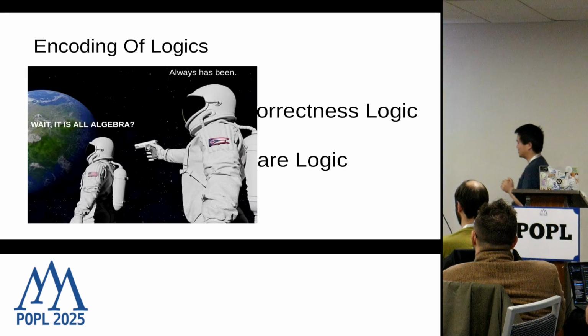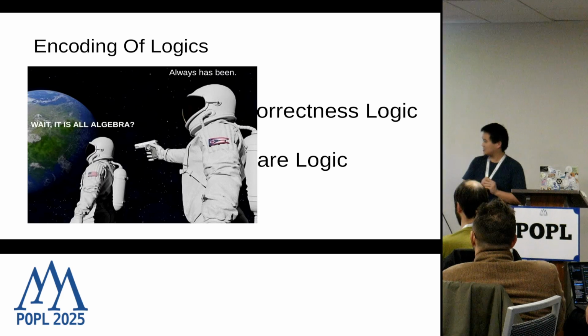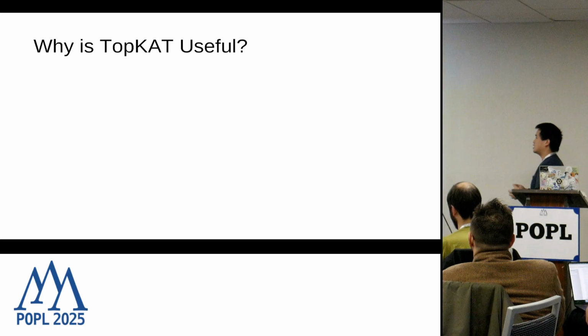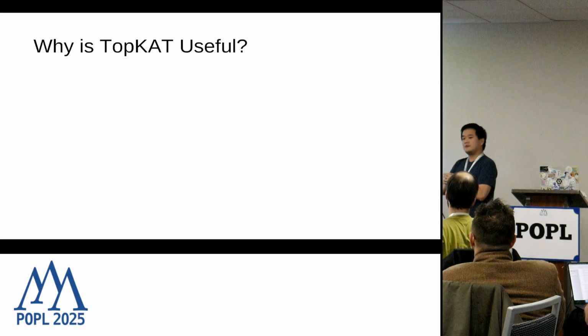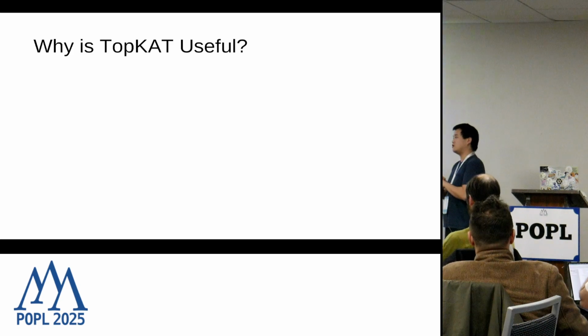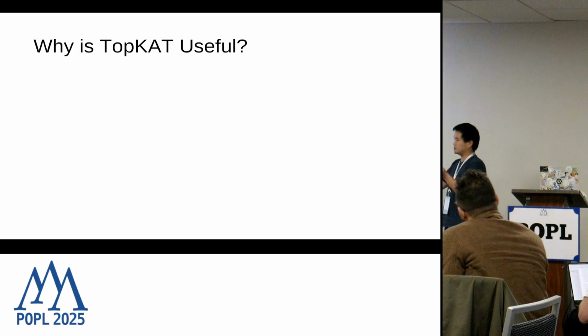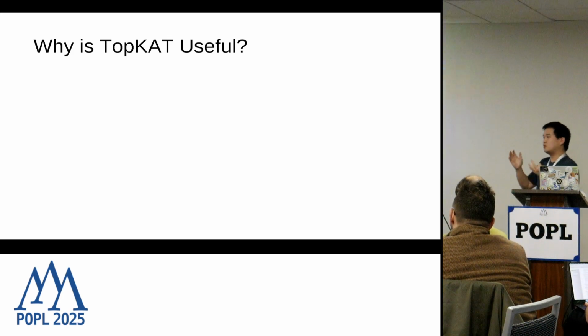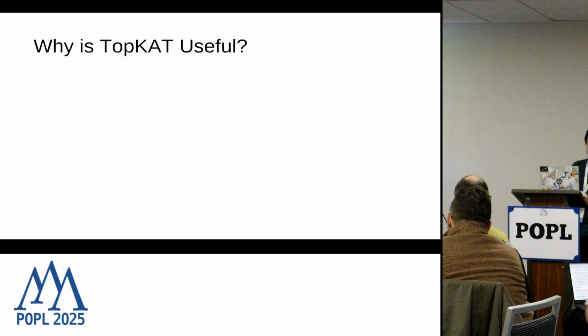Okay. So yes, it's all algebra at this point, and we have proven that TopKAT is powerful enough to encode both incorrectness logic and Hoare logic, and we have shown why it's so powerful, using the theory of TopKAT.